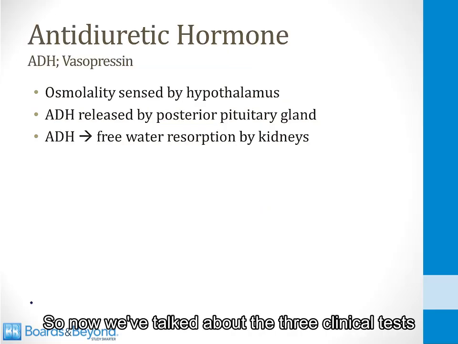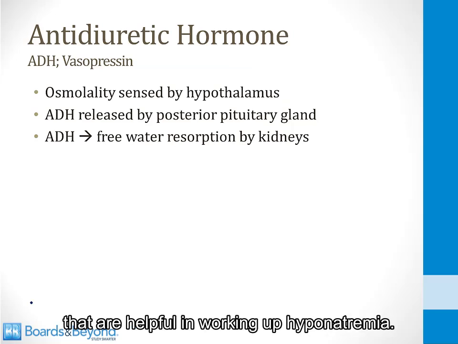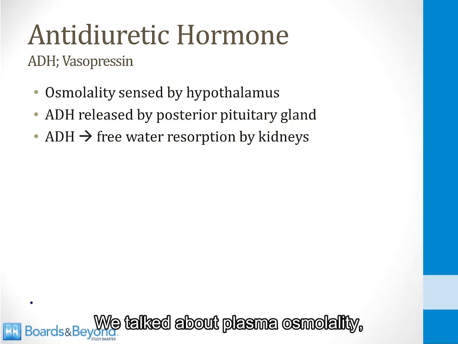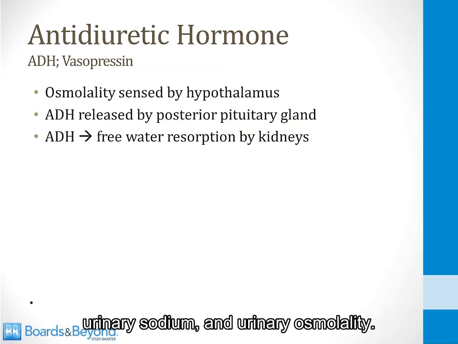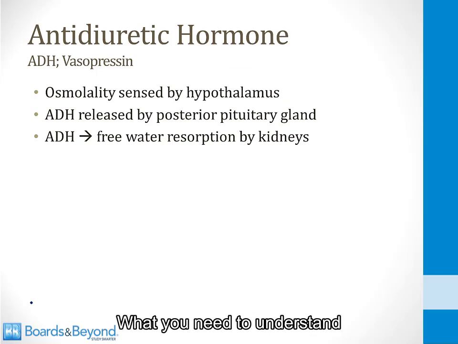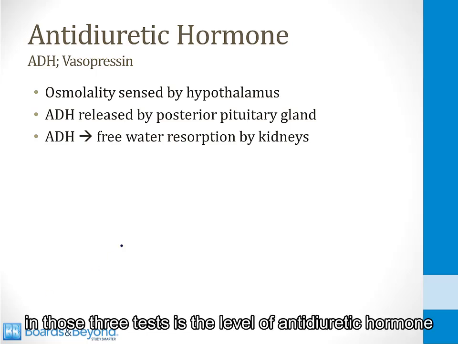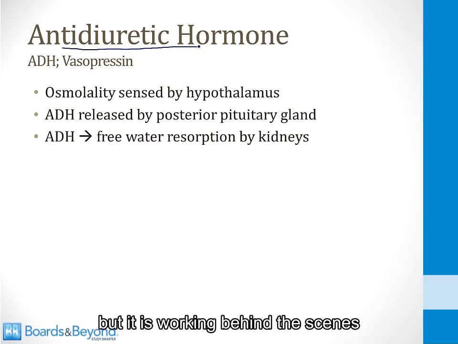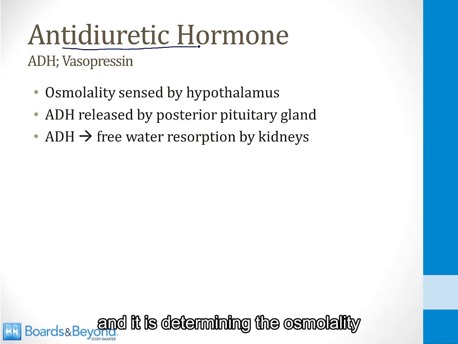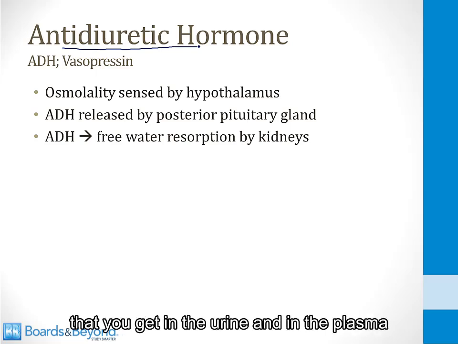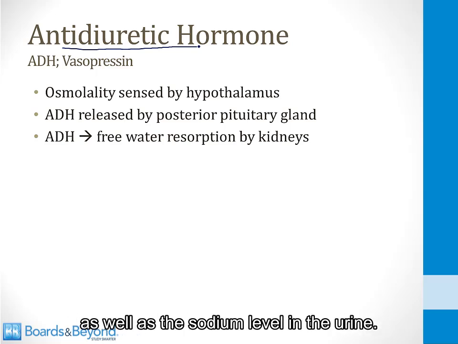So now we've talked about the three clinical tests that are helpful in working up hyponatremia. We talked about plasma osmolality, urinary sodium, and urinary osmolality. But what you need to understand is what's controlling the results you get on those three tests is the level of antidiuretic hormone, which we don't measure directly, but it is working behind the scenes and it is determining the osmolality that you get in the urine and in the plasma, as well as the sodium level in the urine.